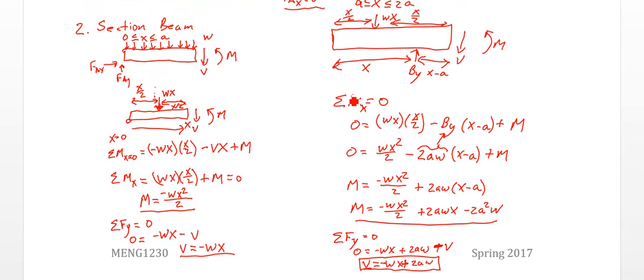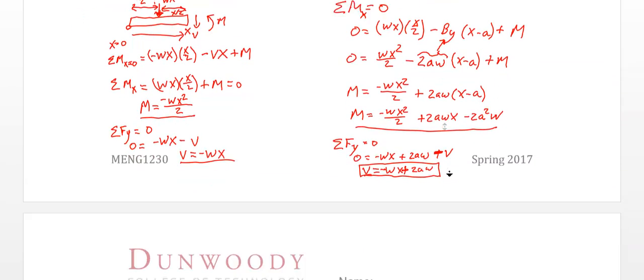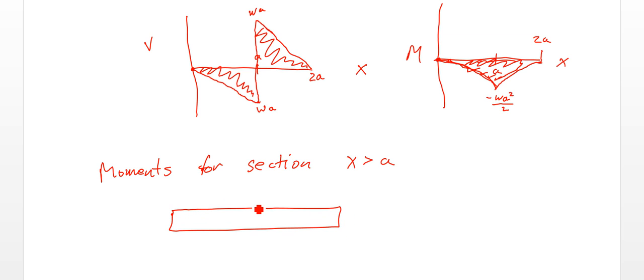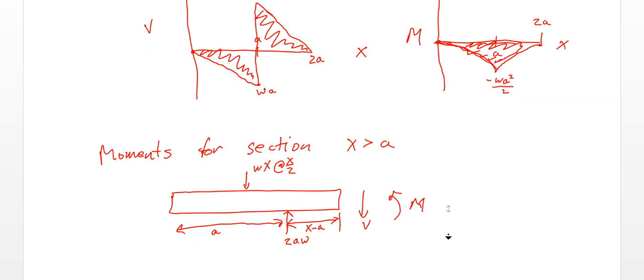Let me take a look at this section here when I do my moments on this section between A and 2A, for the section where x is greater than A. So if I have that section again here, I have wx acting at x over 2, this is 2aw at a, this again is x minus a, this is at a, and my V and my M. Alright, so I could take my moments around 0.